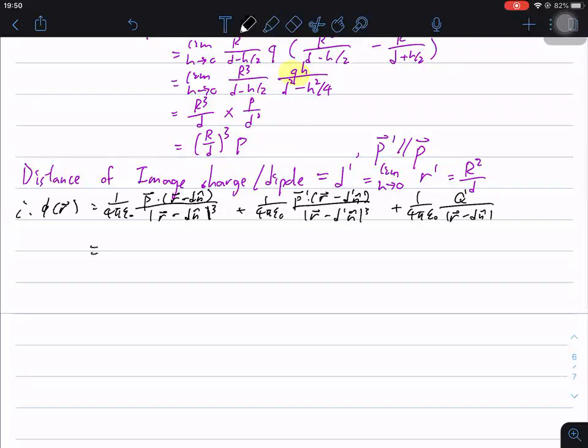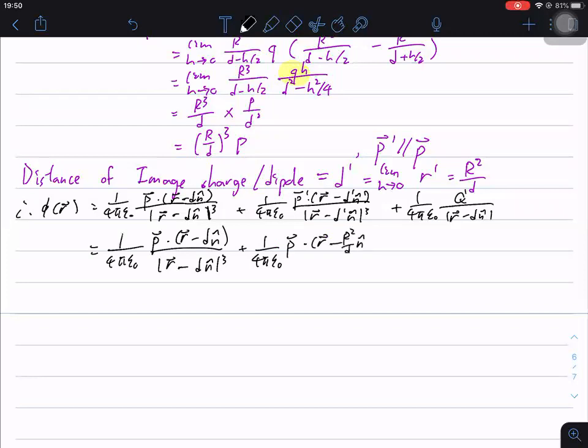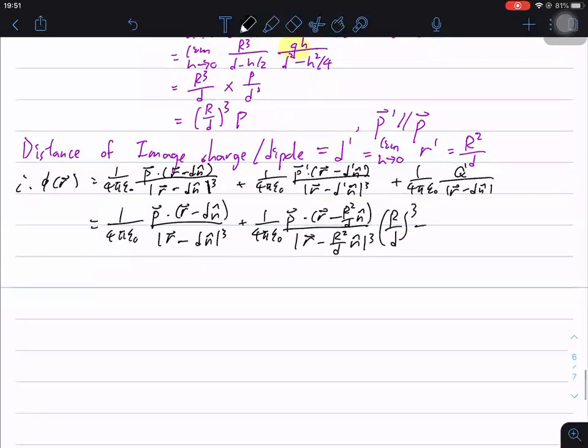Okay, so after plugging in all the things, we have, let me write it down, the magnitude of the image monopole moment over R. Okay, so that's the potential outside the sphere.